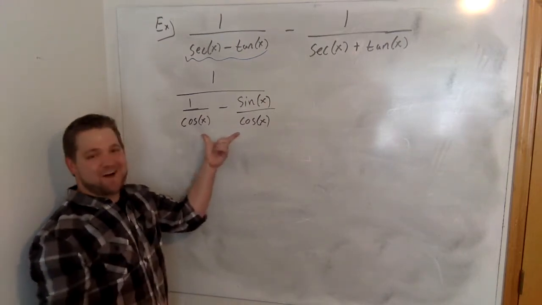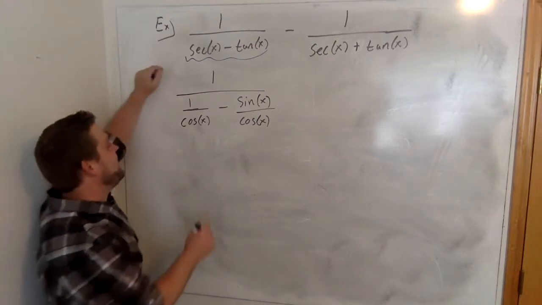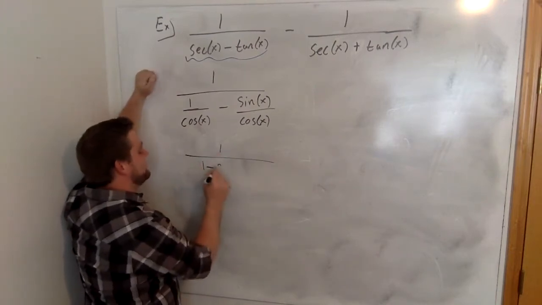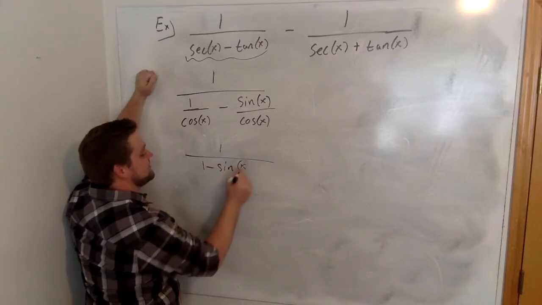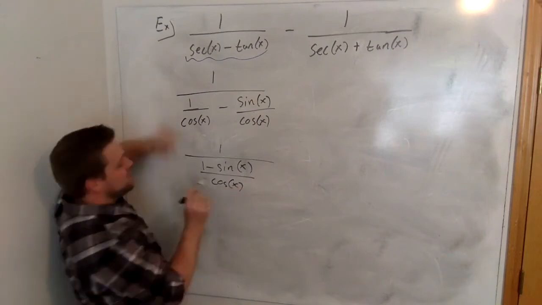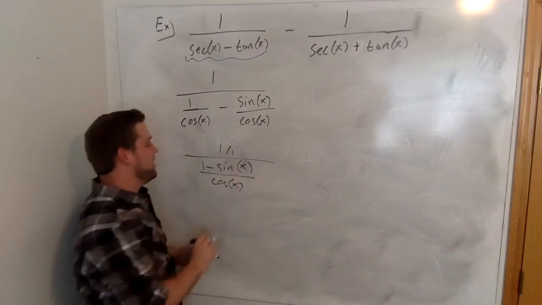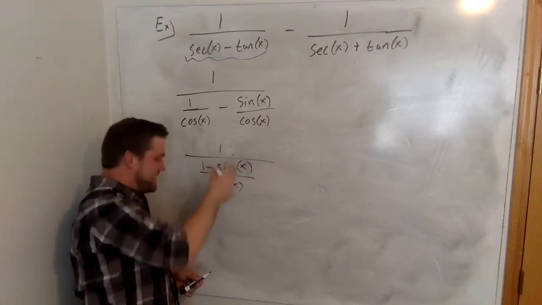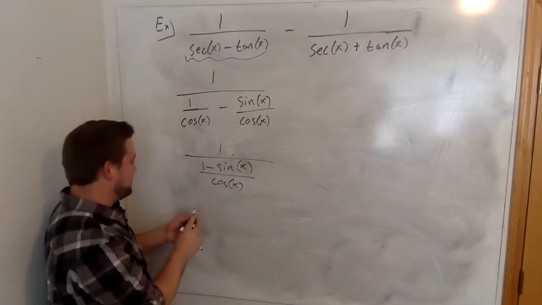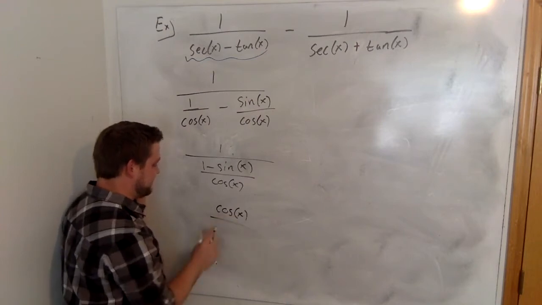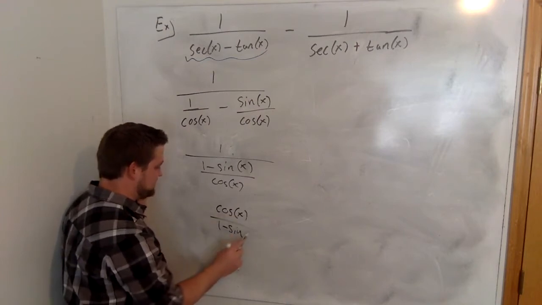You already have a common denominator of cosine. Oh, sweet. This is just 1 all over 1 minus sine of x all over cosine of x. Well, I hope you believe if this is a 1 over 1, I can just flip and multiply. Or 1 over this is just the reciprocal. This is equivalent to just cosine of x over 1 minus sine of x.